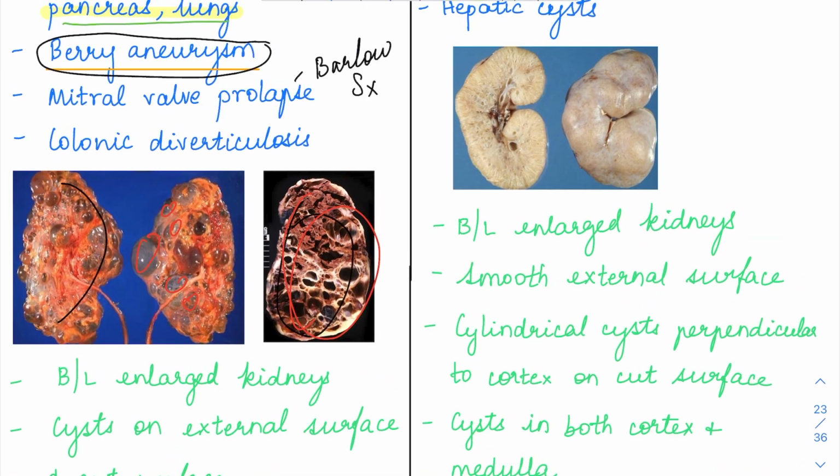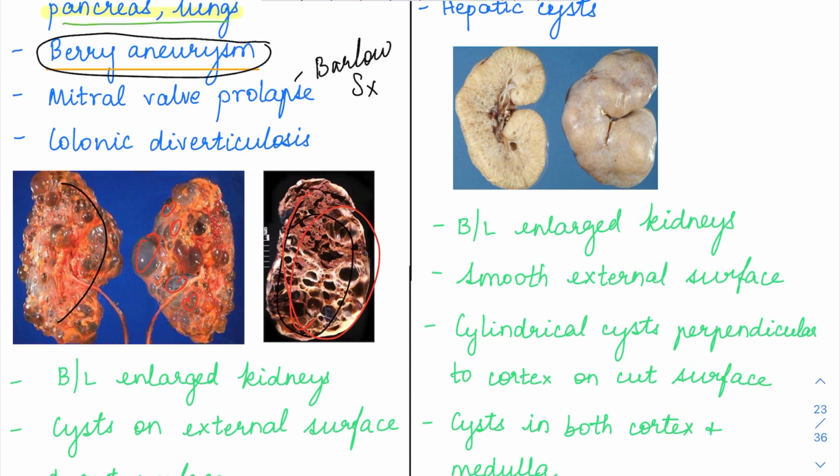So what is the gross appearance of the kidney in ARPKD? Here again the kidneys will be enlarged and the external surface will be lobulated, but you don't see the cysts. In ADPKD, we were able to see the cysts on the external surface, but in ARPKD, you will not be able to see the cysts on the external surface.